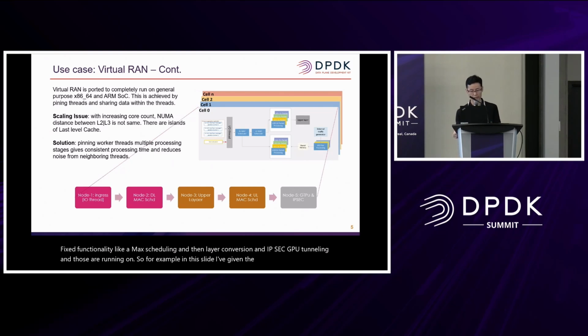Similarly, there would be the downlink in the reverse direction, so you have ingress and egress, and depending on where you are, uplink or downlink, the appropriate different layers and functions will be there. Most of it is running on each individual core.